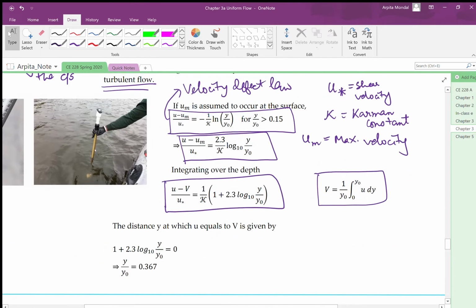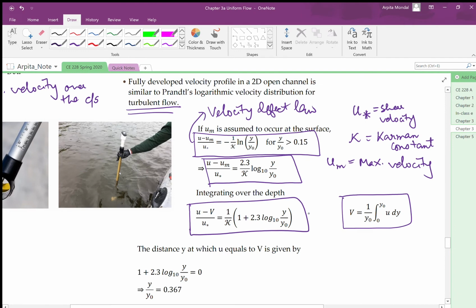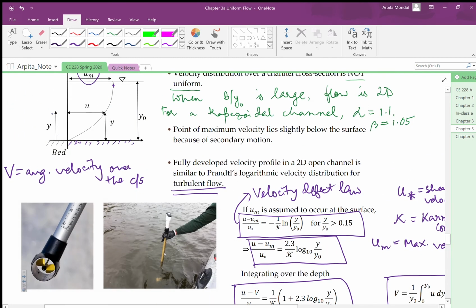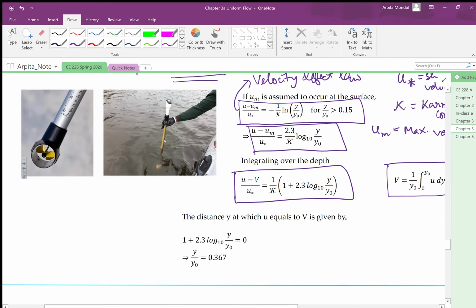So we can use this velocity defect law to get the distance, the depth y, from the bed at which this velocity u would be exactly equal to the average velocity. So this depth at which u equals v, so the left hand side is 0, which I write here, and when we solve we get a relationship between y and y naught.